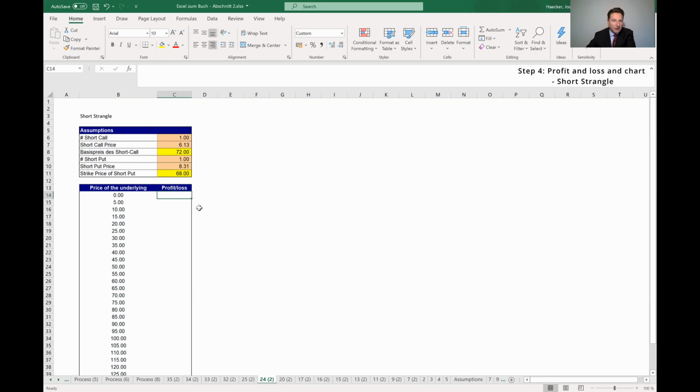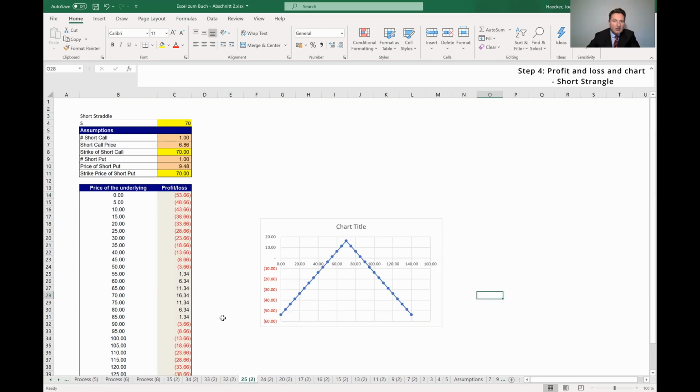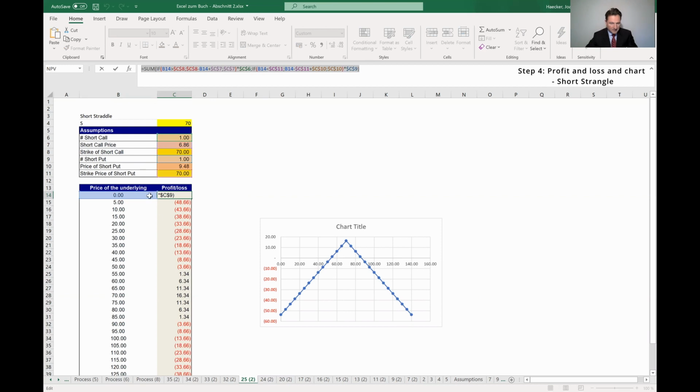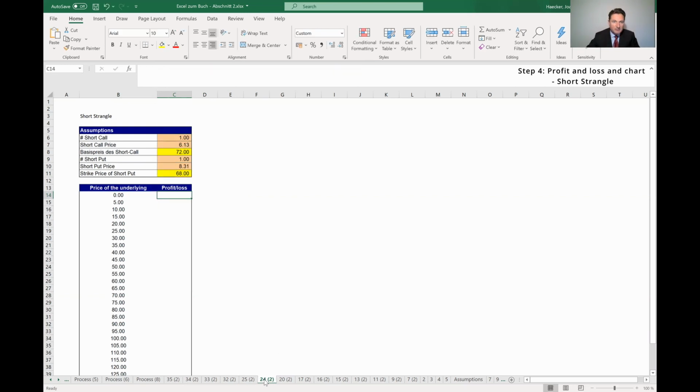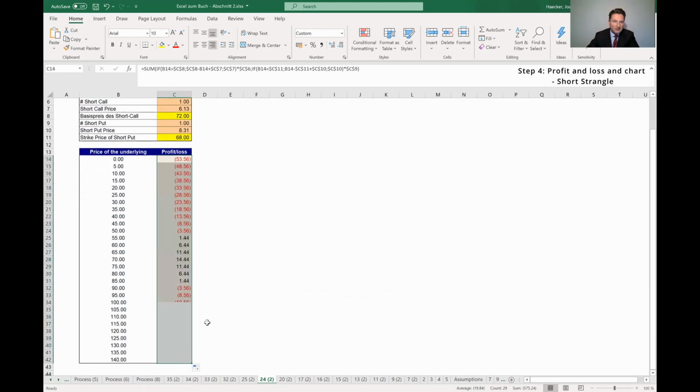How can we determine the profit and loss of the short strangle? Well, we can basically grab the formula, we can copy it, and basically we can plug it in, copy paste, press return, and we pull it all the way down.